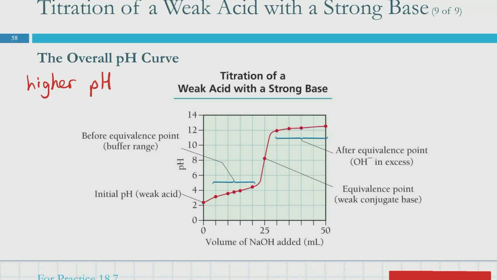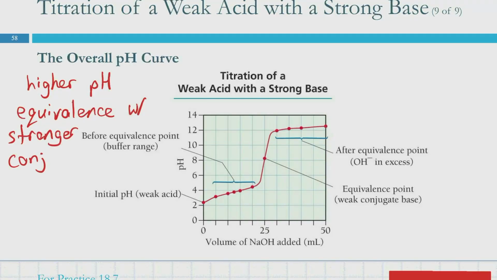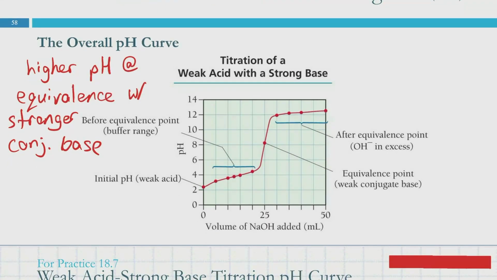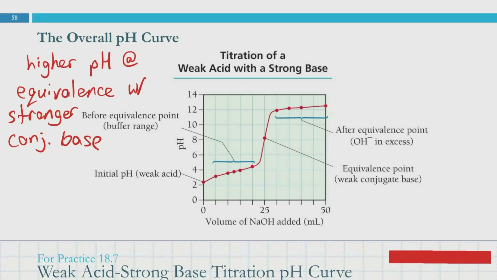So we'll have a higher pH at equivalence with a stronger conjugate base. So weaker acids will have a higher pH.